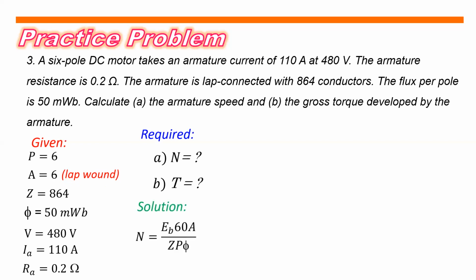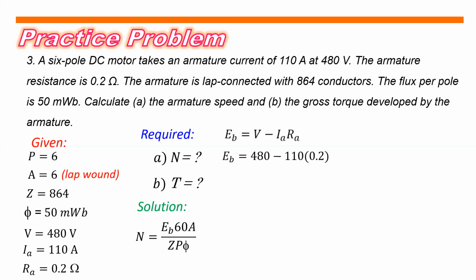So using again our equation, the speed is equal to back EMF multiplied by 60 multiplied by A, all over Z, P, and phi. But from the problem, we don't have the value of the back EMF. So we have to solve first the value of back EMF, which is equal to the supply voltage minus the voltage drop in the armature, which is I sub A multiplied by the armature resistance.